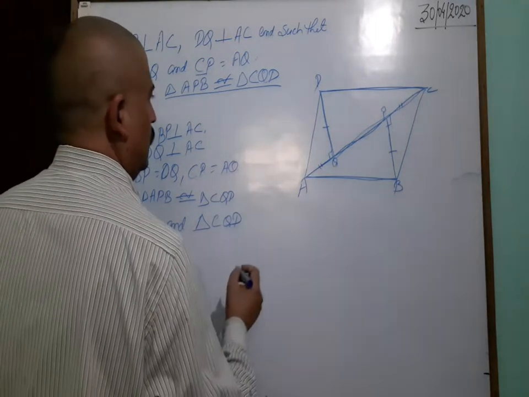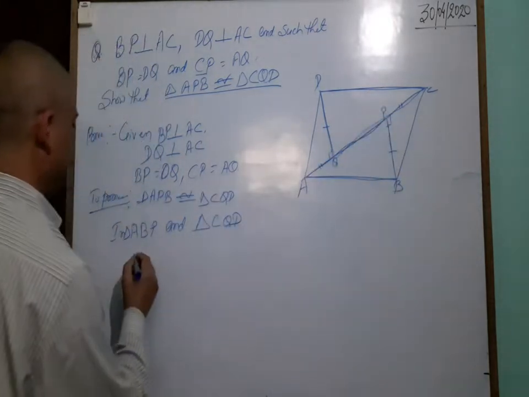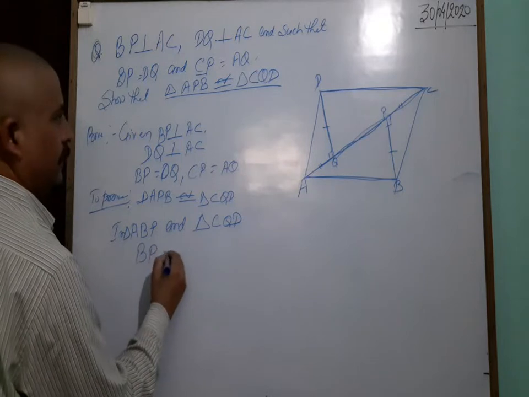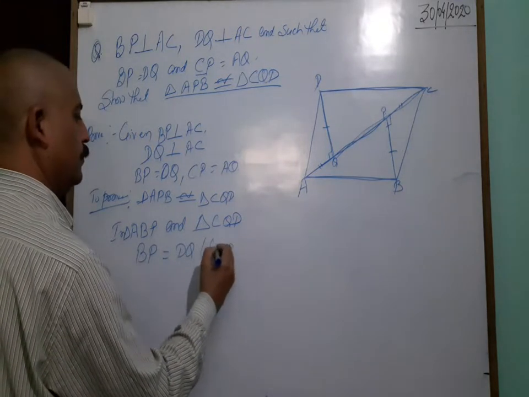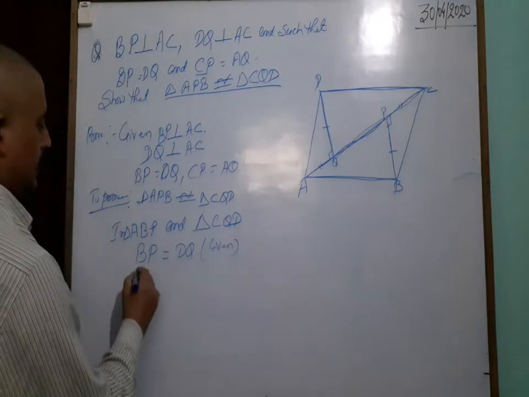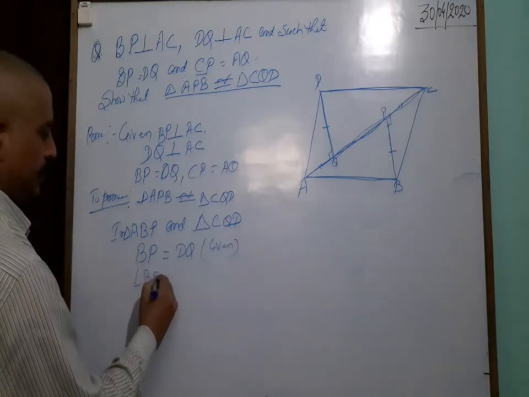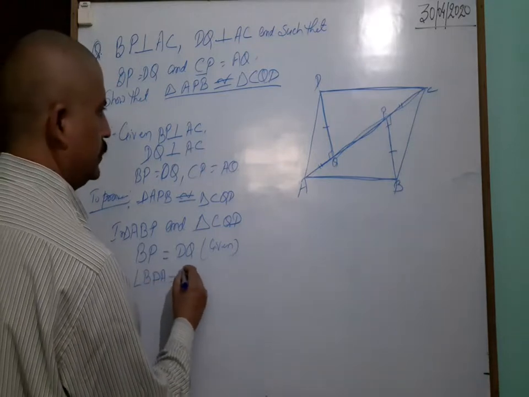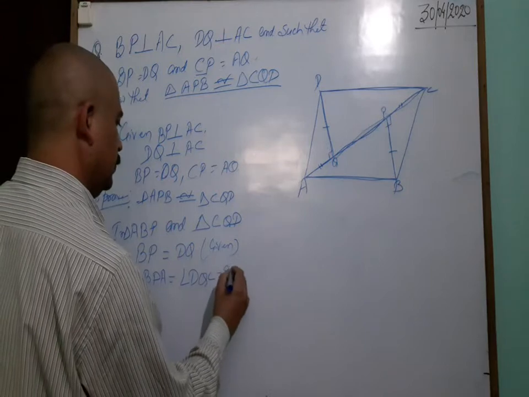Given that BP equals DQ. Angle BPA equals angle DQC equals 90 degrees.